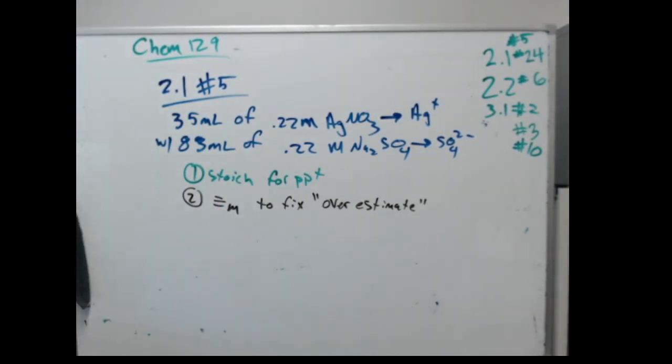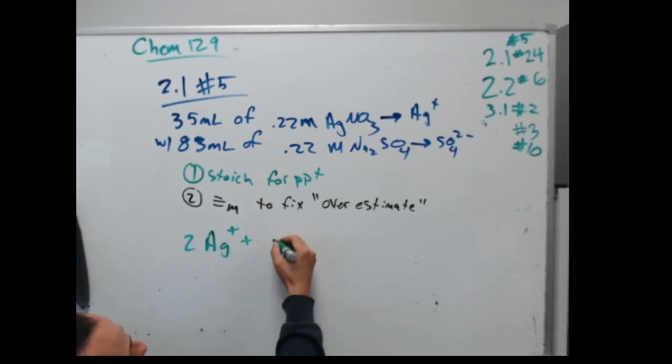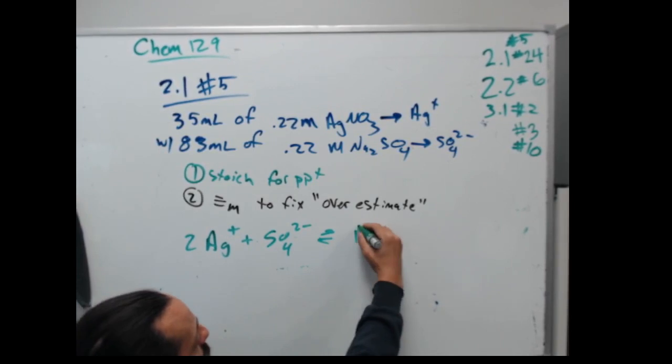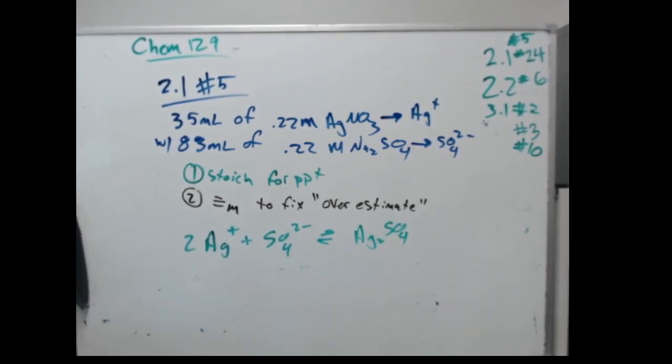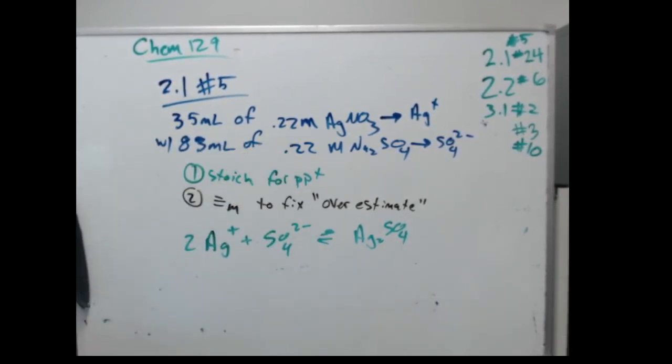So we can kind of do this in a couple steps. First, we're going to set up our stoichiometry. This is going to be Ag plus, 2Ag plus, SO4 2 minus goes to Ag2SO4. I've got to convert my concentrations to moles, so I'm going to do 0.035 times 0.22, converting to liters in my head. 5 times 0.22.